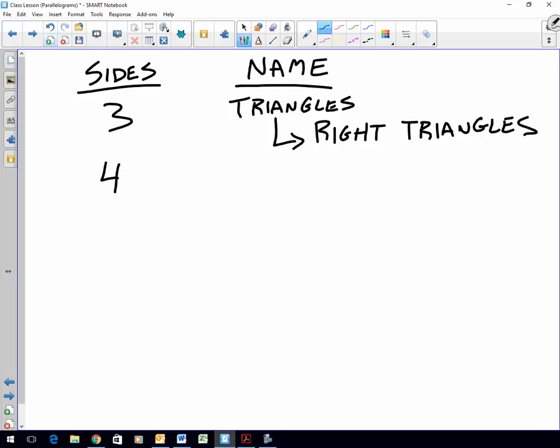What do we call a four-sided polygon? Quadrilateral. See why I told you you've got to know it? You don't have to write this down, just watch it. A special type of quadrilateral where the opposite sides are parallel is called a parallelogram.